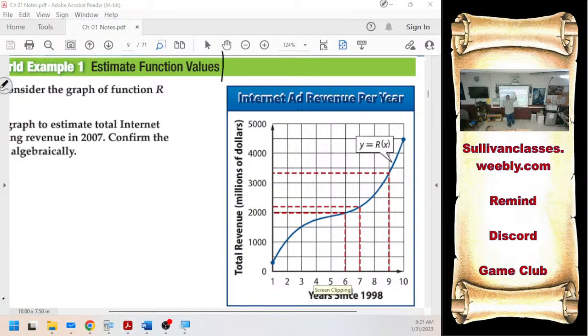We're going to have R of t is 17.7 t cubed minus 269 t squared plus 1458 t minus 910. Okay.